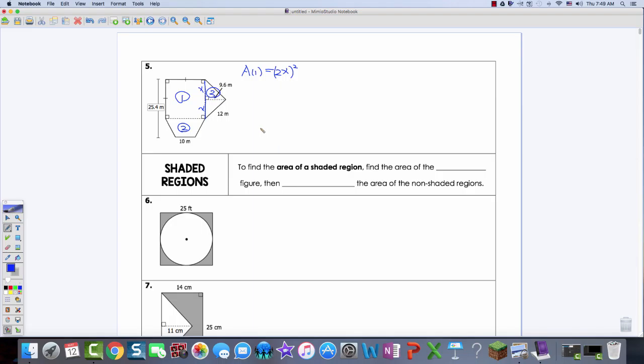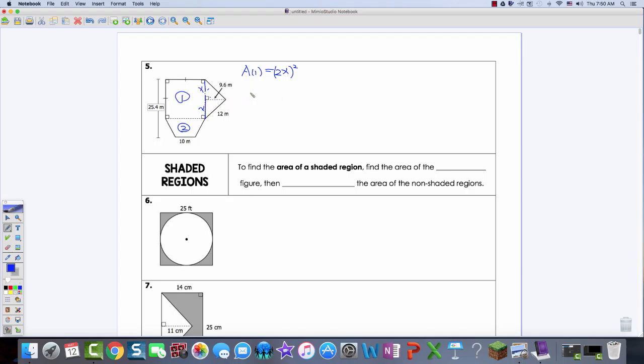How do I find the x though? The reason I put it here, let me erase this part a little bit so that you can see more clearly, because unfortunately I put the 3 there. I want you to see this height for the triangle is 9.6. Okay, and this is a right triangle, and this hypotenuse is 12.